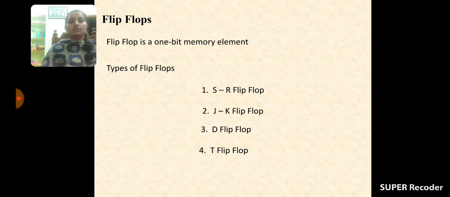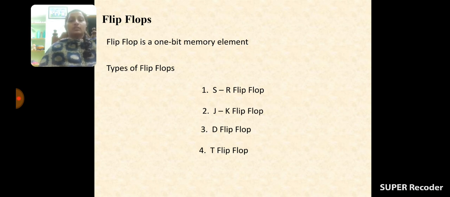And coming to the types of flip-flops, there are many flip-flops. The basic flip-flops are SR flip-flop, JK flip-flop, D flip-flop and T flip-flop. How many basic flip-flops are there? 4. SR is there, JK is there, D is there, T is there.